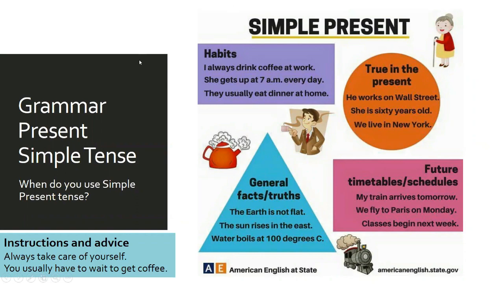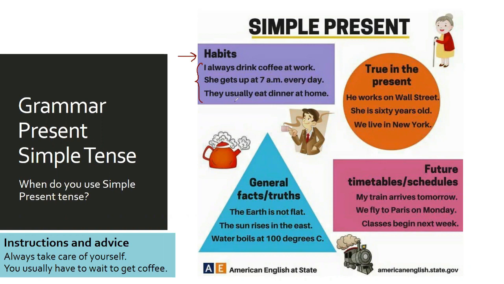The first is when you talk about habits. It means that when you talk about your daily activities, something that you regularly do, you need to use present simple tense. So when it comes to the idea of habit, you need to use it.